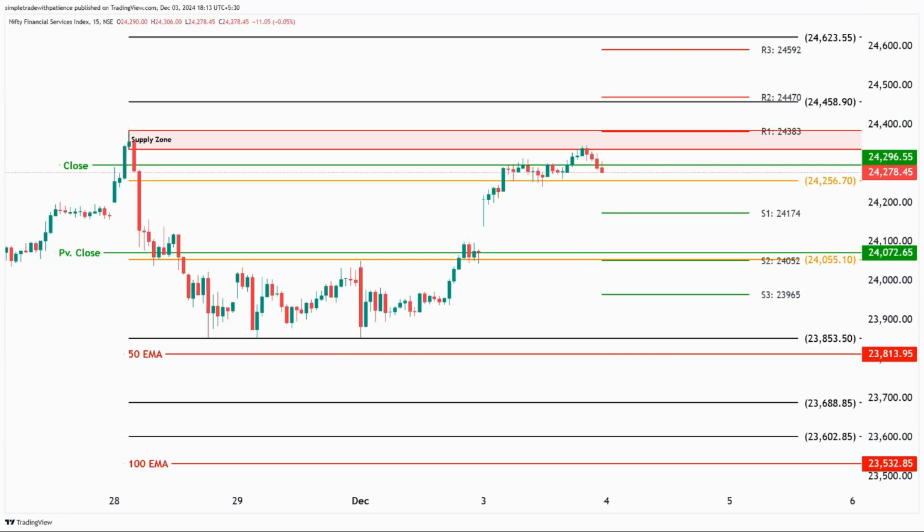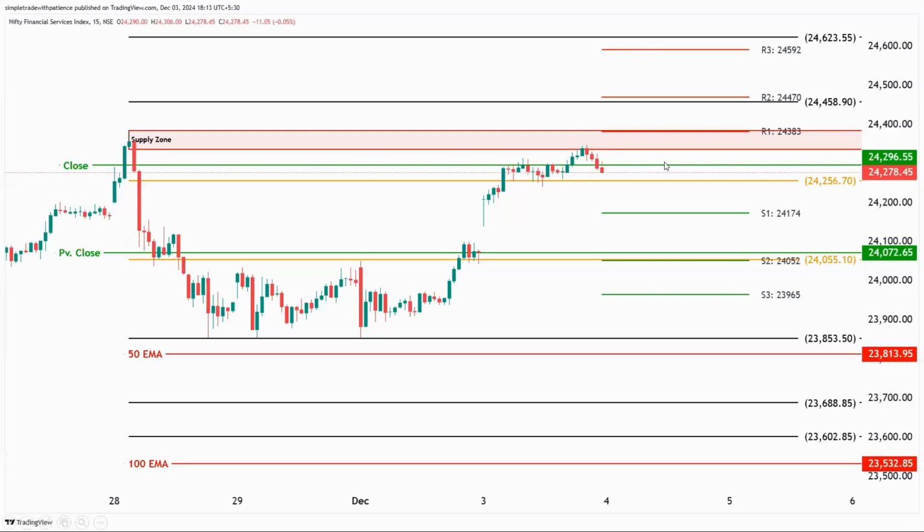Resistance is placed at 24,400, 24,500, and 24,600. These are round figure levels. On the lower side, supports are being placed at 24,200, 24,000, and 23,000, 24,000 basically. So 24,000 would be a strong supportive area.